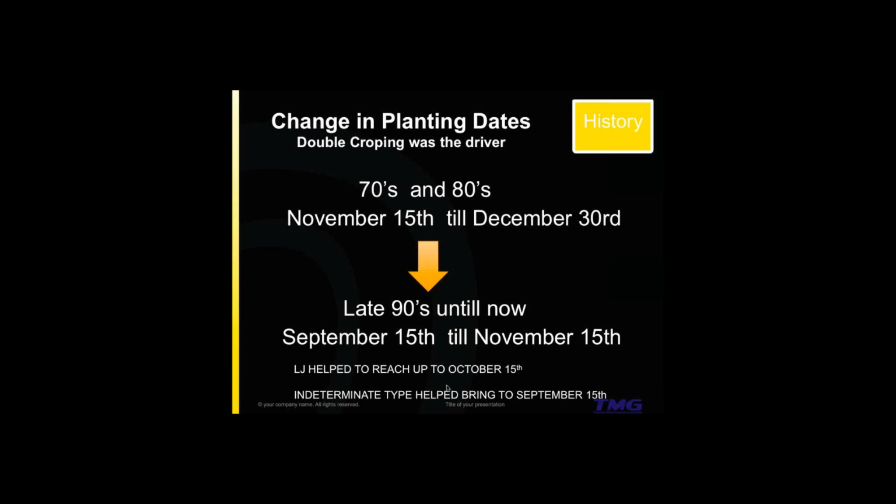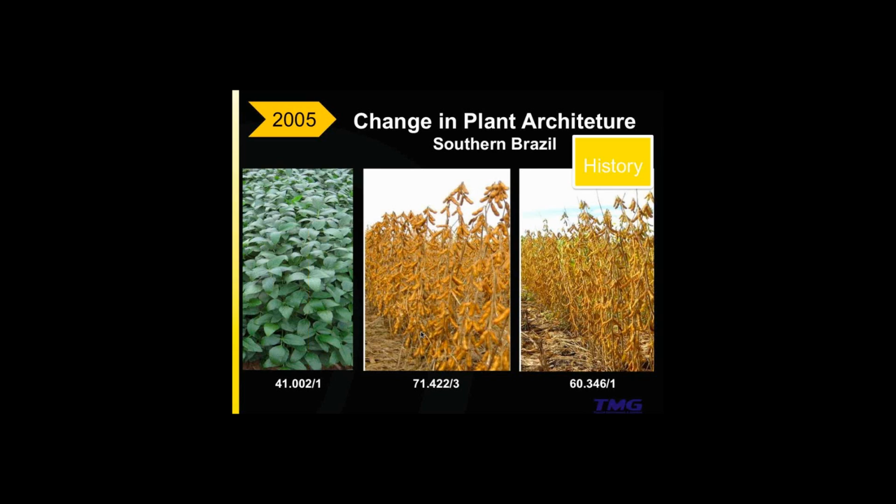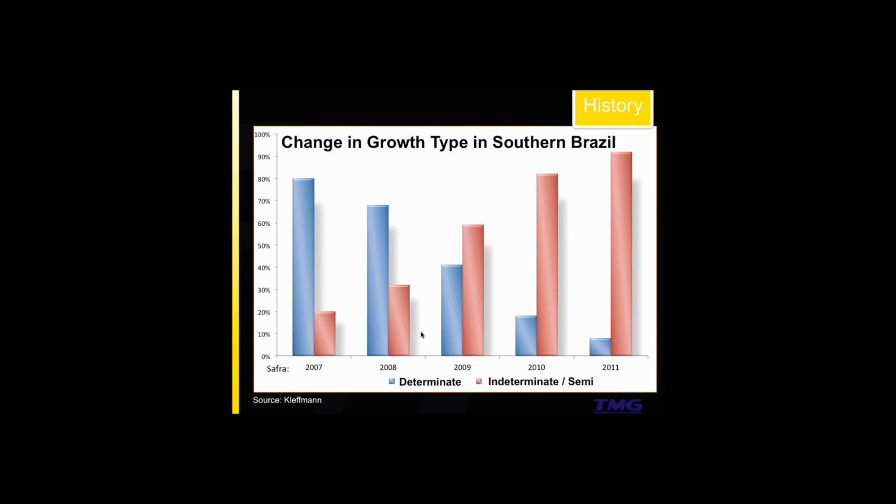The indeterminate or semi-determinate types helped us to push this a little earlier, and now we can use the combination of semi-determinate or indeterminate trait to grow soybeans. We start planting on September 15th. Okay, so that's the trend here in Brazil. And because of this push for double cropping, we start to rely more on the indeterminate and semi-determinate types.